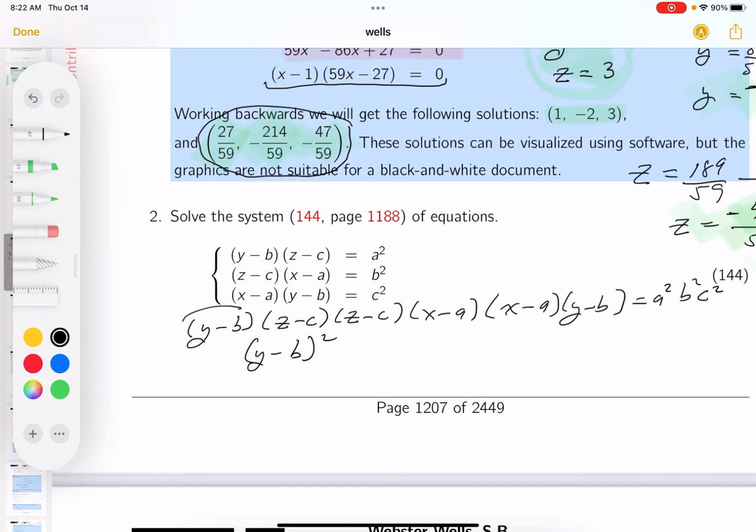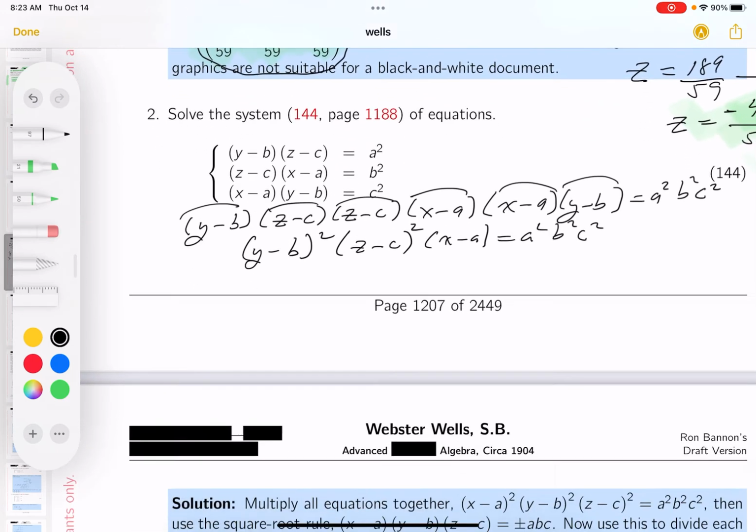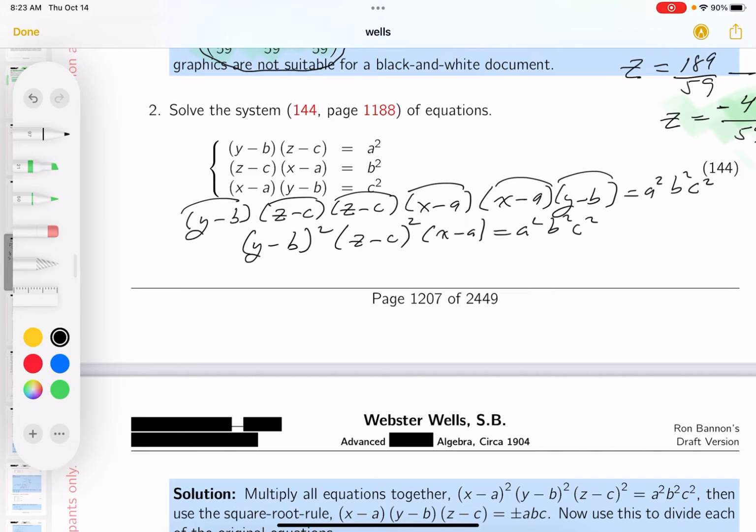I'm seeing 2 factors of y minus b. I'm seeing 2 factors of x minus c. And I'm seeing 2 factors of x minus a. And that equals a squared, b squared, c squared. Now, granted, these parameters make it much more difficult to deal with, but right now I'm not too worried about that. And I'm going to write this down.